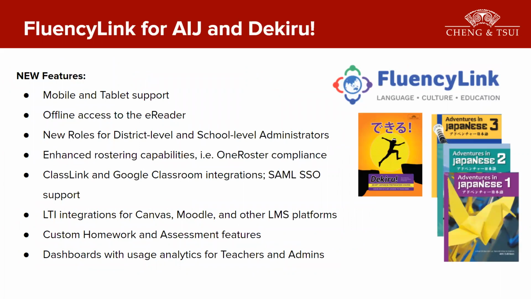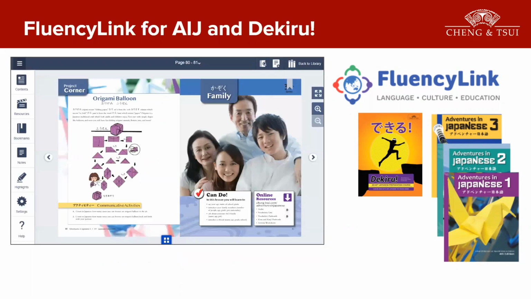The digital textbook and workbook in Fluency Link offer mobile tablet support, user login for teachers, students, and district and school administrators. We have one roster compliance, single sign-on support, as well as integration to ClassLink, Google Classroom, and Canvas. In the later sections, we will go over the functionality and navigation of Fluency Link.